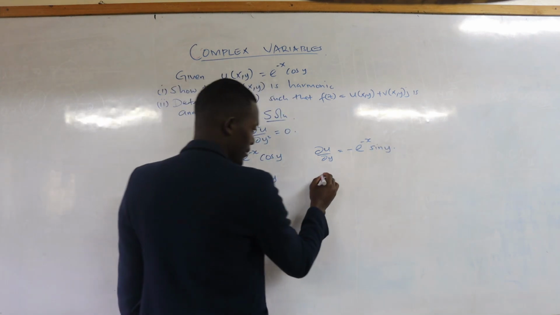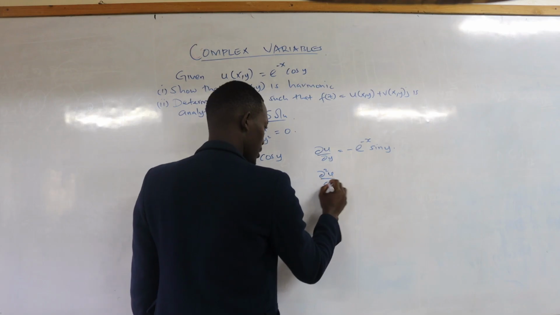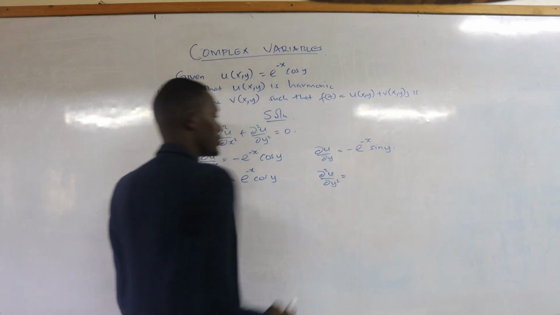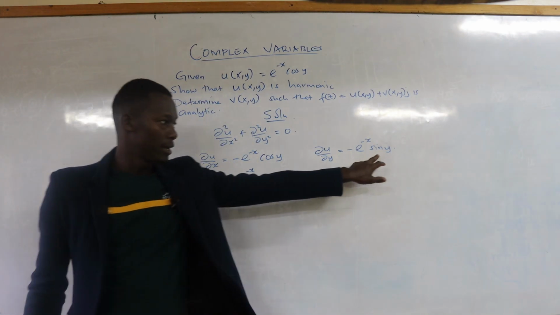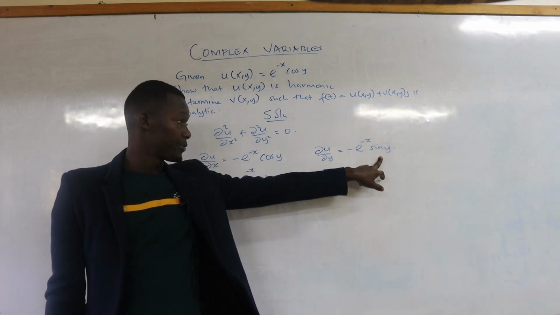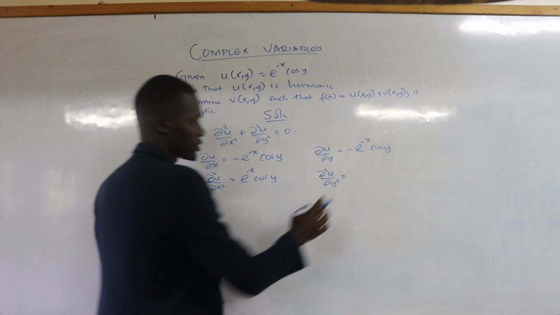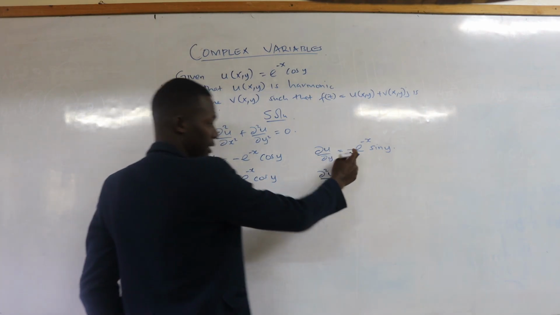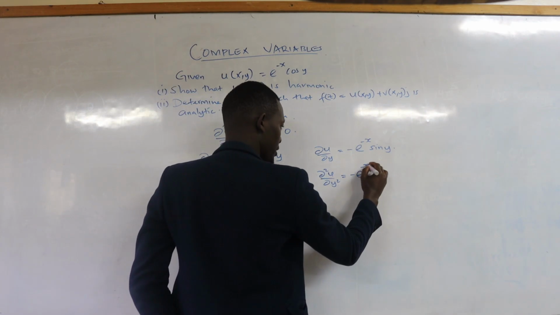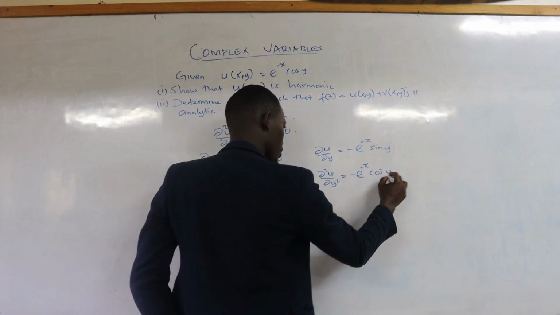Then the second derivative with respect to y: differentiate the sine of y, and when you differentiate sine you get a positive cosine. The negative remains, so we have negative e to the negative x cosine of y.